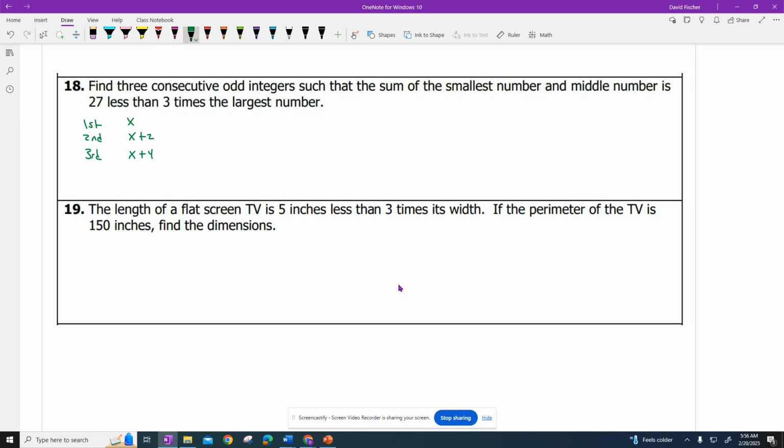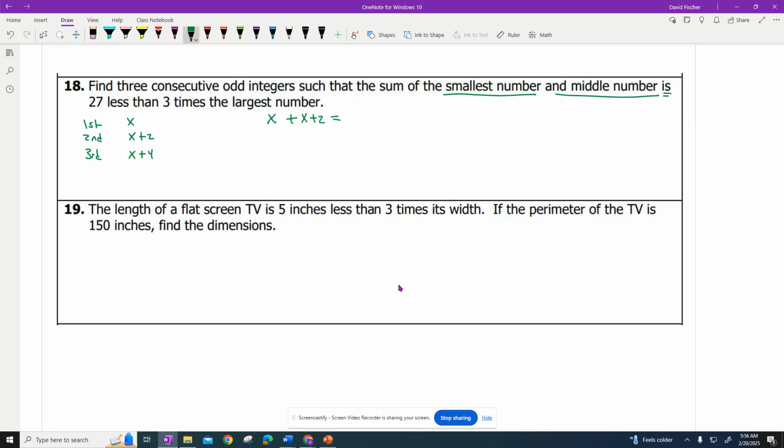Find 3 consecutive odd integers such that the sum of the smallest, now this is where you got to read because we haven't had one like this, the sum of the smallest number, so the sum of the smallest is x, and the middle number, which would be this one, and we want the sum of those two, is, there's my equal sign, is 27 less than 3 times the largest number.